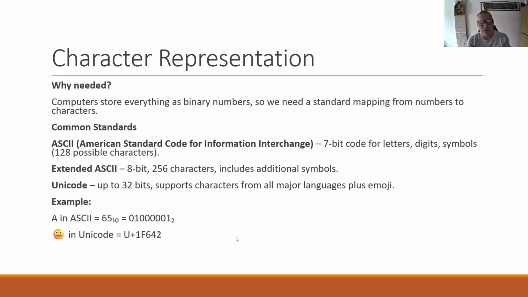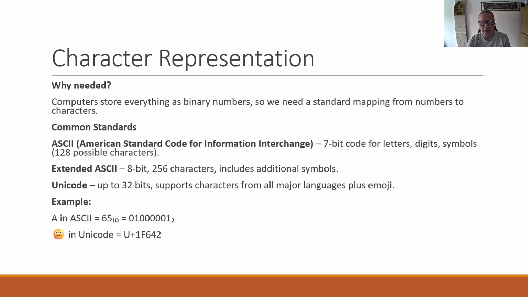Let's look at character representation. We need a way of converting characters and symbols to numbers because we need to store everything in binary. There are various ways of doing this. One way was the original ASCII version. That was a 7-bit code used for letters, digits and symbols, but only allowed for 128 possible characters. 8 bits is a more common size for computers.